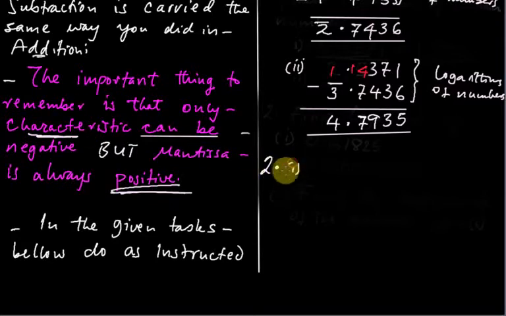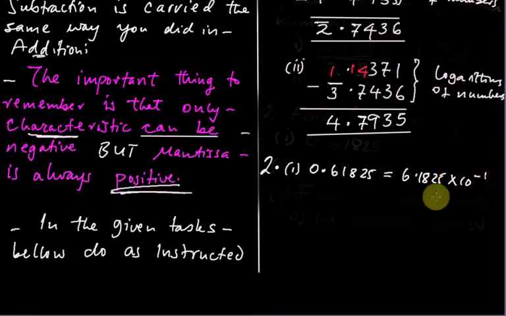So the first number was 0.61825, which when you express it in standard form, you are going to have 6.1825 times 10 power negative 1.